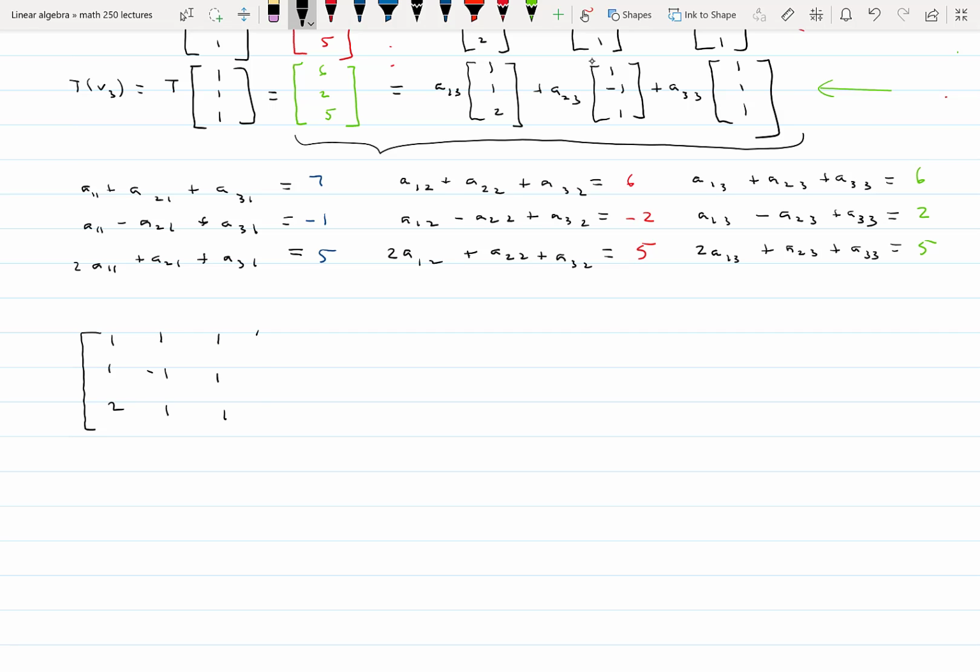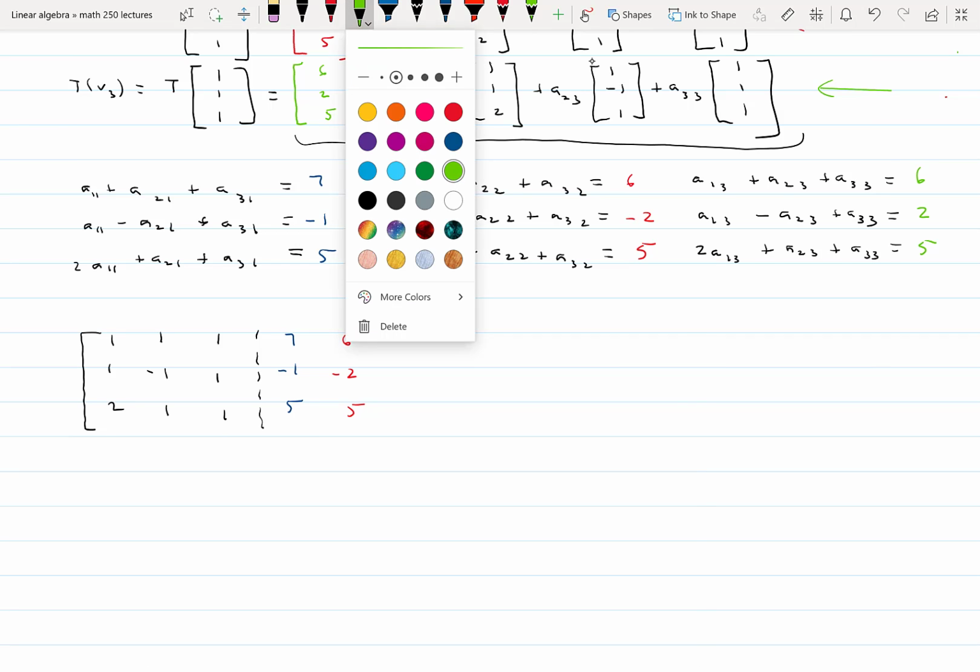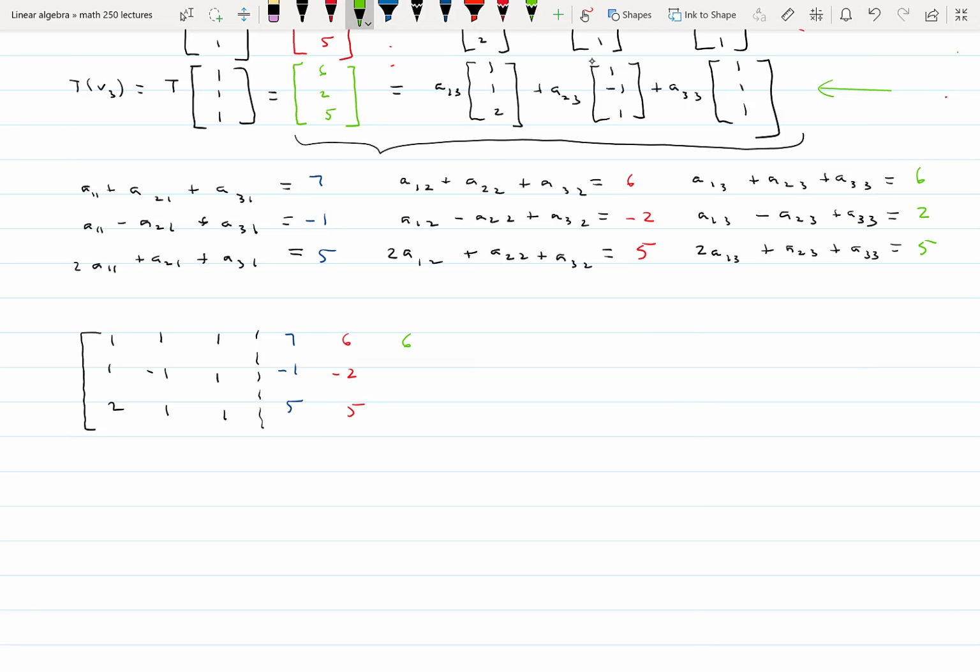1, 1, 1. And then augment that matrix with 7, -1, 5, 6, -2, 5, and in green, 6, 2, and 5, and let the calculator solve all three systems at once by finding the RREF of this 3 by 6 matrix.